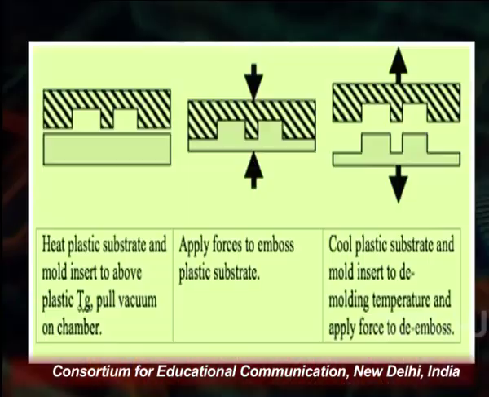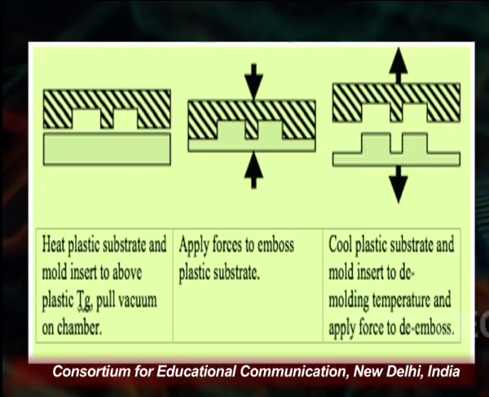You see on the screen, this is the process. The black part is the mold and the part below is the wafer. This is the plastic substrate. Heat the plastic substrate and the mold insert to above the plastic's Tg, and pull a vacuum on the chamber. Another figure shows applying force to emboss the plastic substrate.